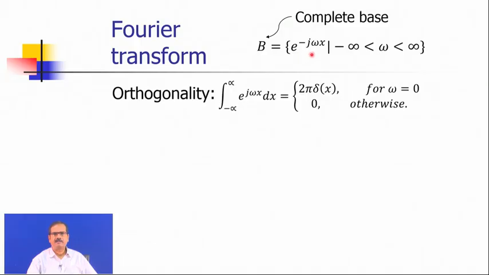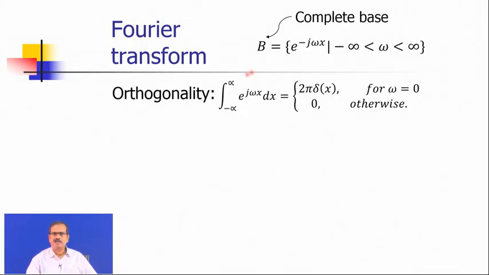As for completeness of this basis: if I take a subset of any orthogonal basis set, that subset will also remain orthogonal, but using the linear combination of that subset, you will not get the complete reconstruction of the function. The basis set which gives the complete reconstruction is called a complete base.